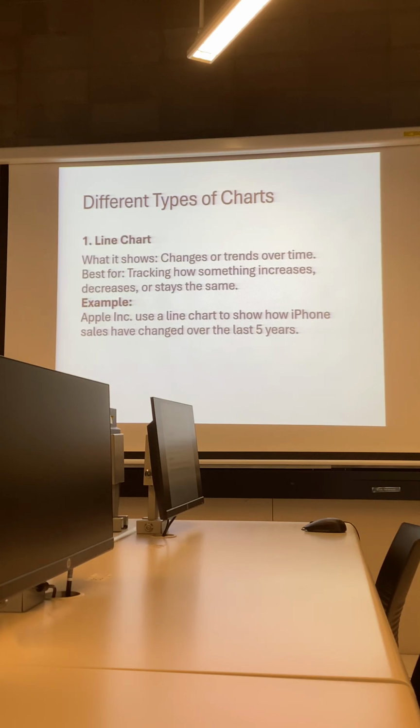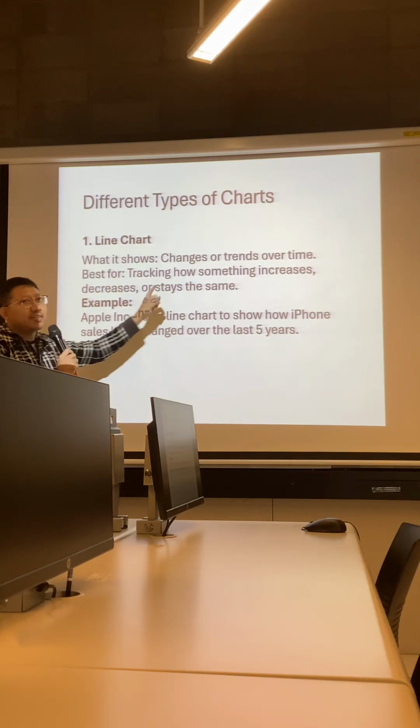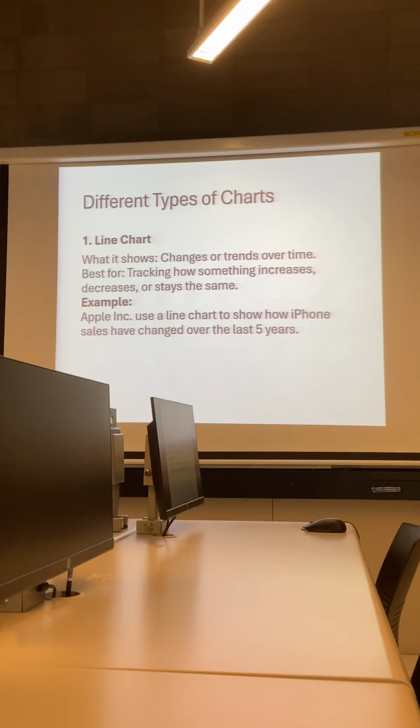A line chart, of course as the name says, has a lot of lines. It shows changes or trends over time. If you would like to see yourself 3 years ago, 5 years ago, 10 years ago, and predict the trend, you need to use a line chart.